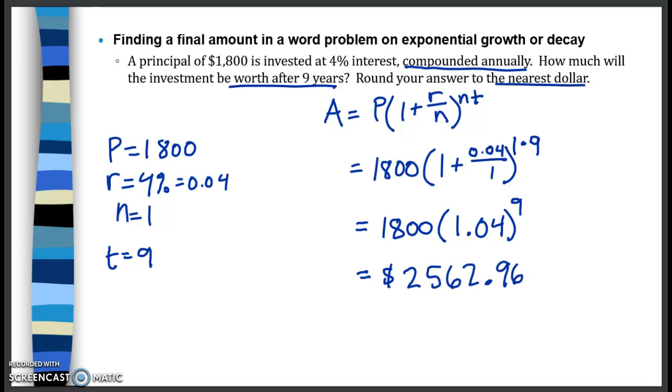Carefully read. It says to the nearest dollar. After we round it to the nearest dollar, we get $2,562 even.